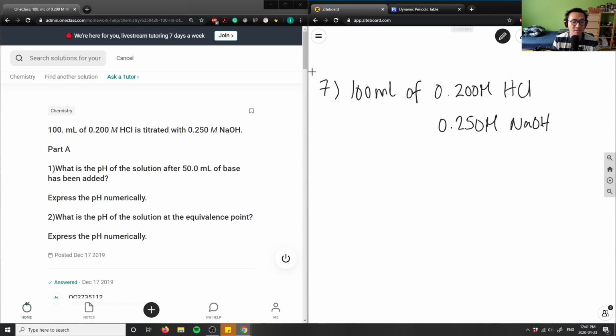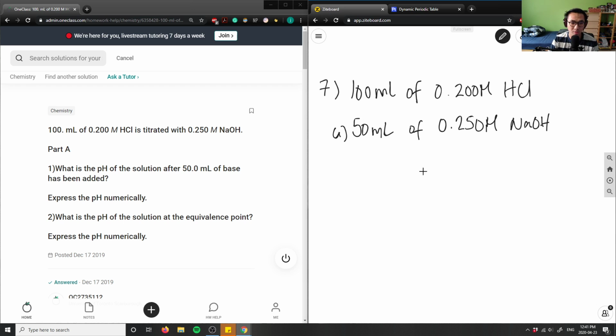It's asking what is the pH of the solution after 50 milliliters of acid is added, and to express the pH numerically. Then it's asking what is the pH of the solution at the equivalence point.